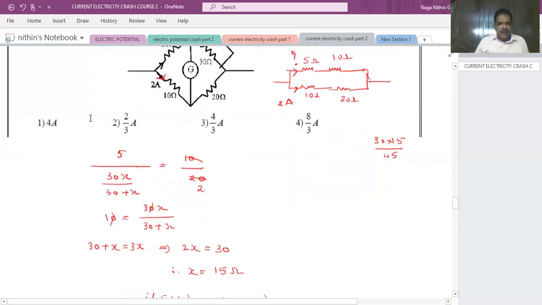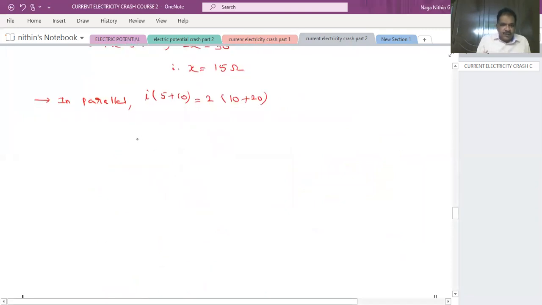So this value will be I is equal to 4 amperes.